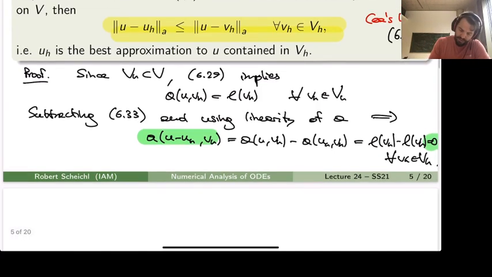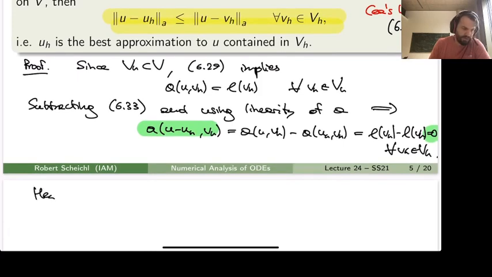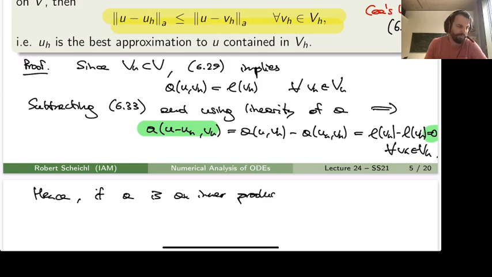Now, using this Galerkin orthogonality, hence, if A is also an inner product, it follows for all V_H in V_H again.